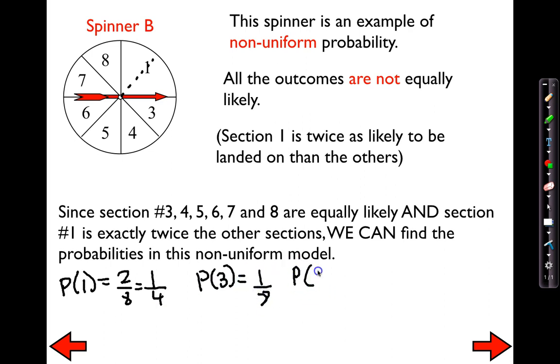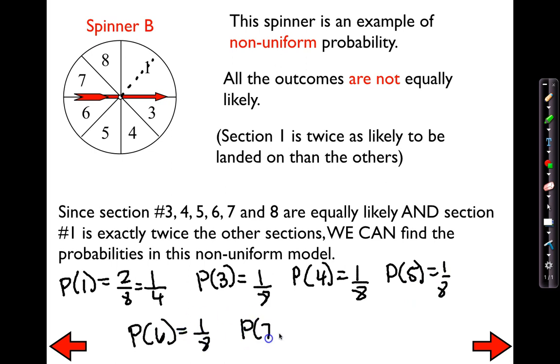The probability of a 4 is 1 out of 8 because there's only one section out of the total of 8. The probability of a 5 is 1 out of 8. The probability of a 6 is 1 out of 8. The probability of a 7 is 1 out of 8. And the probability of 8 is 1 out of 8. So hopefully you can see there that this is definitely twice as likely as the other 6 options.